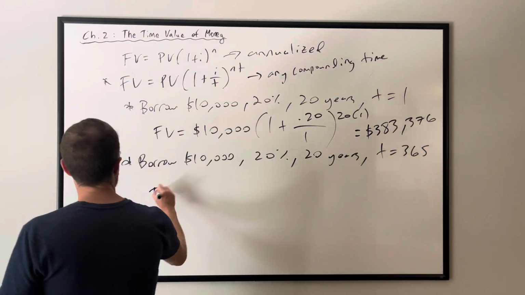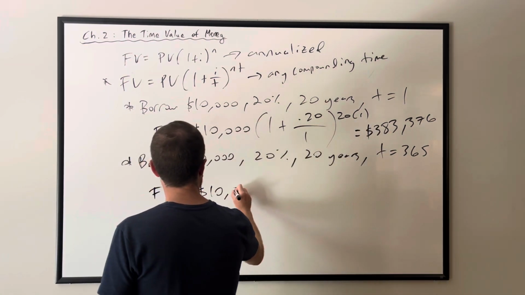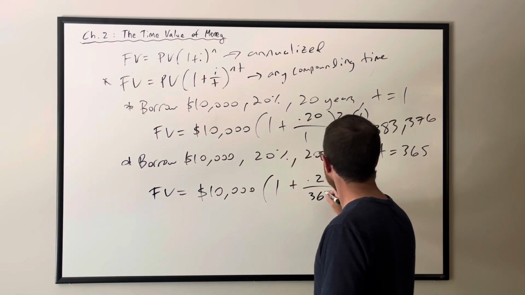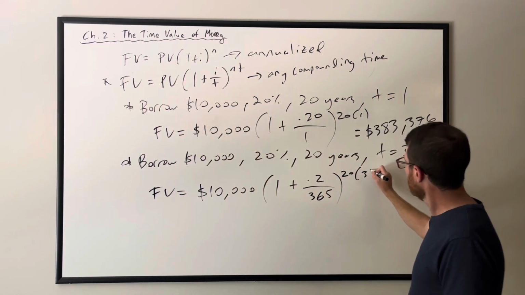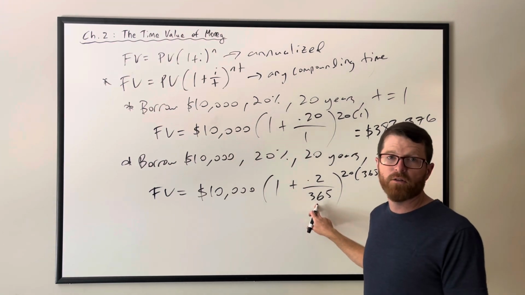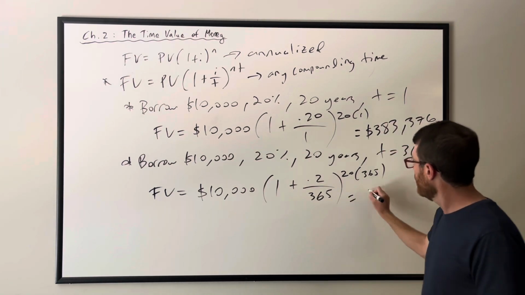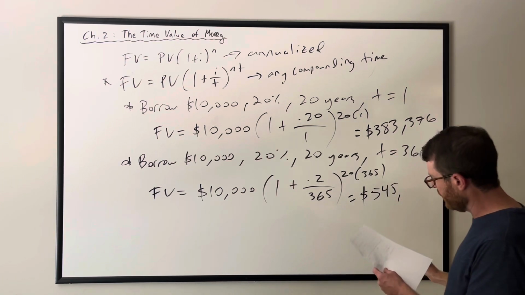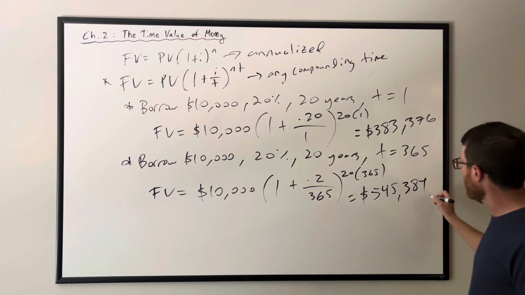And if we use our formula here, changing nothing except now we're using daily compounding interest, 365 times a year, what you would get is that you would owe $545,000 and about $384.